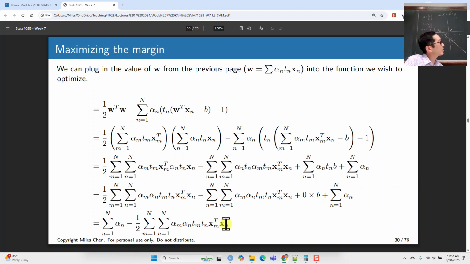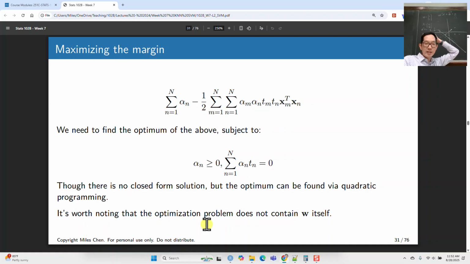Every value of x gets dotted with every other value of x, just because as we're searching for this, we don't know which ones are going to be the support vectors. So anyway, via quadratic programming, it's going to figure this out, okay?